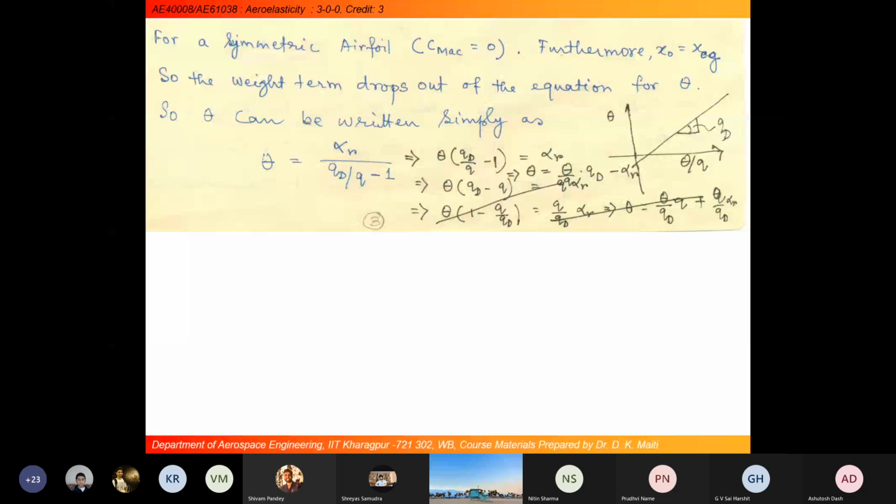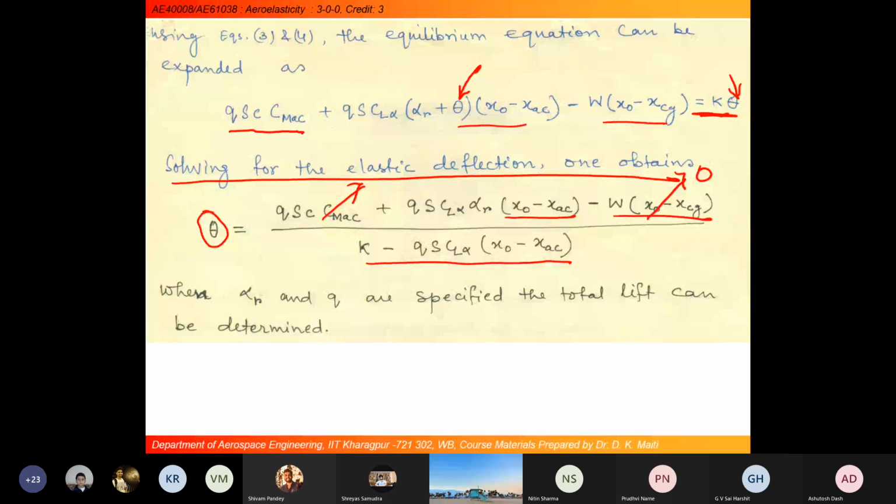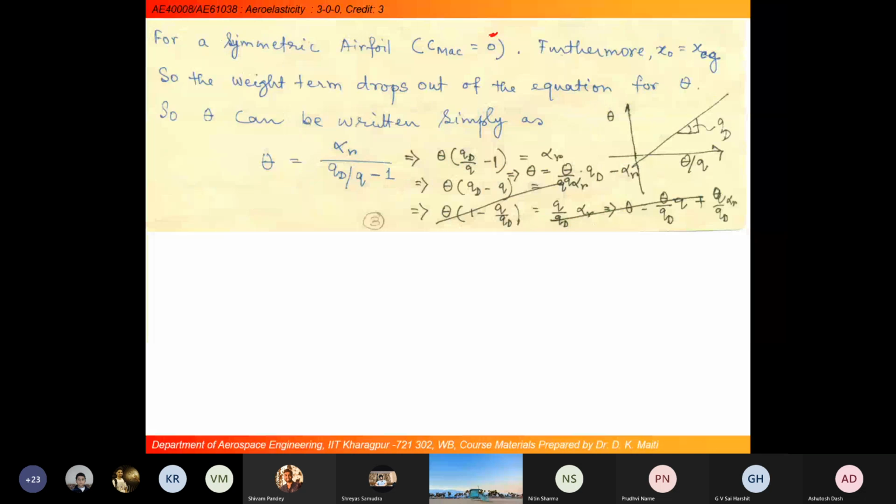If we divide that, then we can get this equation. So theta multiplied by qd by q minus 1 equals alpha r, and rearranging the expression, we get this relation, that is basically q by qd. We will be getting theta by q equal to theta by qd plus alpha r.